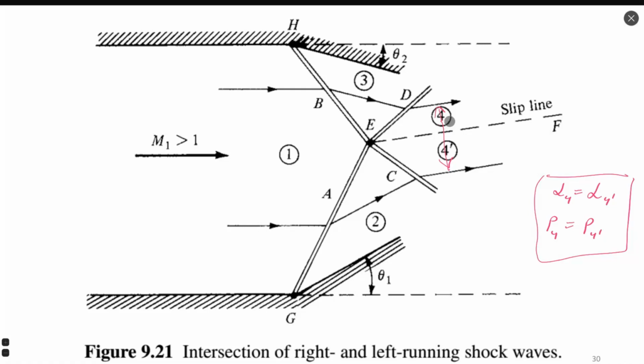Because of this, pressures are the same, but densities are different, velocities are different, Mach numbers are different, all different. Just pressure is the same, and the angle of direction of the flow is the same. But we do not need anything else. We just need these two. We can use just these two conditions and elaborate the complete model. It's very interesting that not so many things are required to elaborate a flow model for this case.